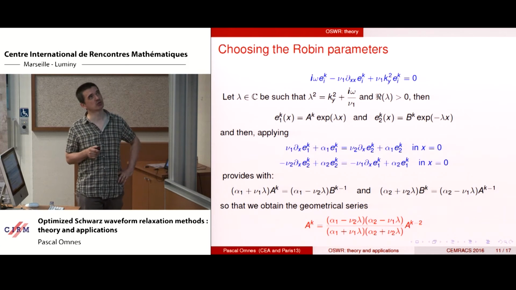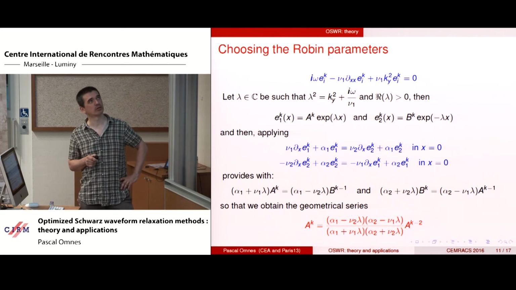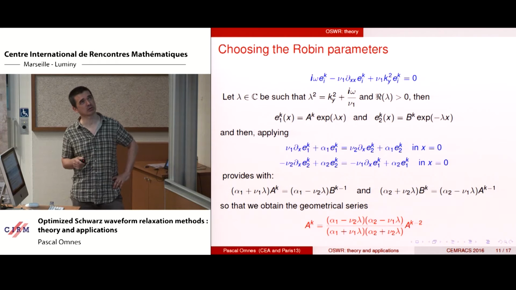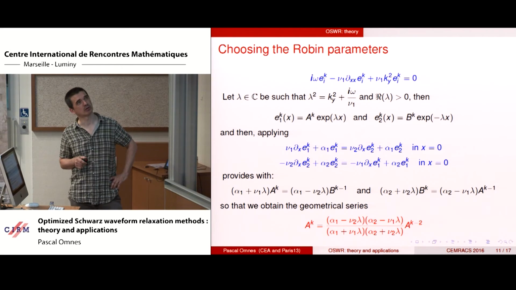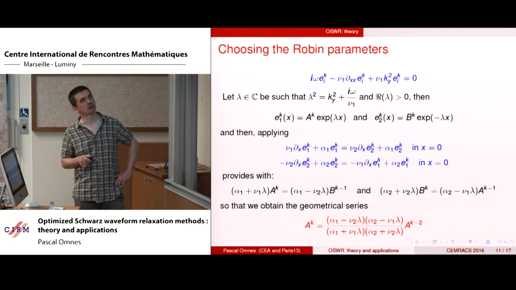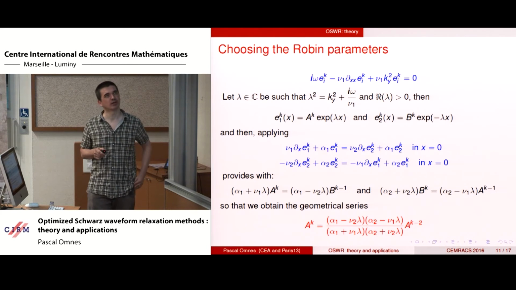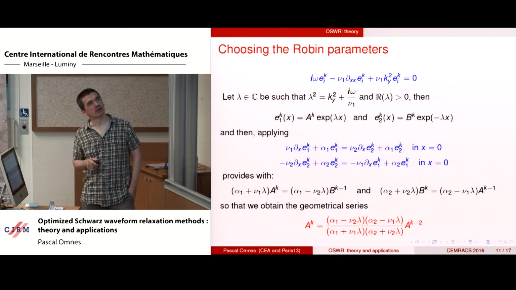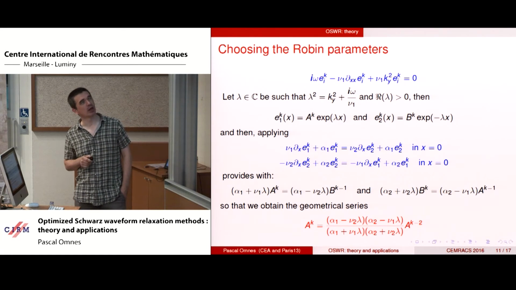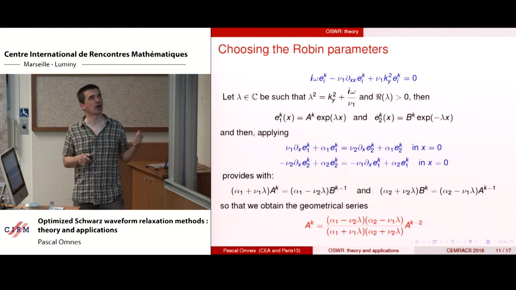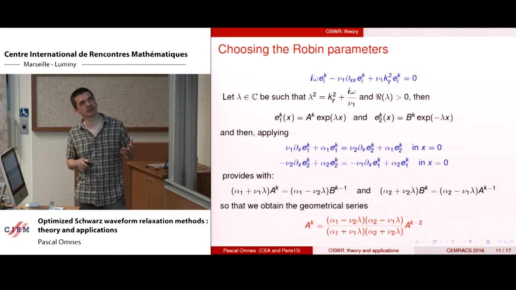And then once you get the analytical expression of the errors at step k, you just plug them, sorry, there's probably a k minus 1 here and a k minus 1 here and a k minus 1 here. You just plug them into the boundary conditions, and this gives you a relationship between A_k here and B_{k-1}, and B_k and A_{k-1}.